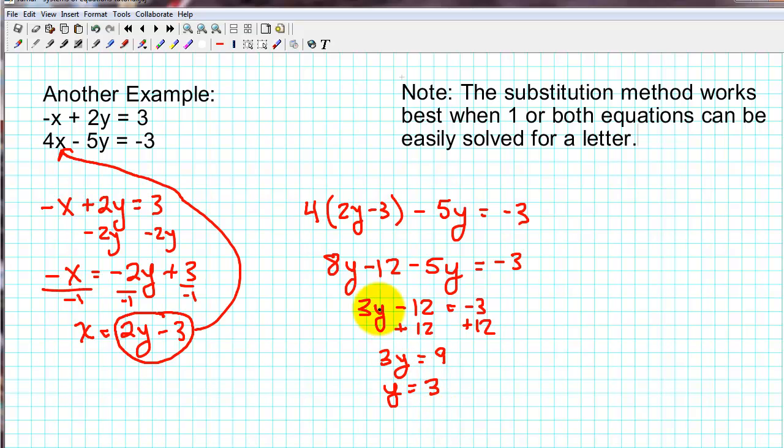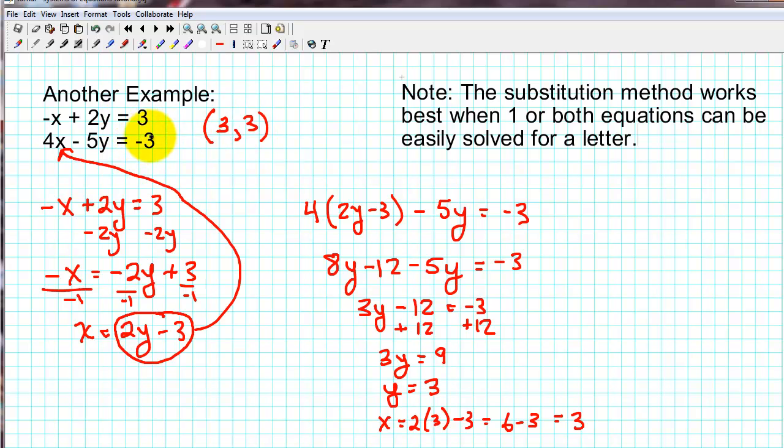Now we could plug that back into one of these original equations, but we can also plug it into this equation. So x is going to be 2 times y, which is 3, minus 3, which is 6 minus 3, or 3. So our solution that makes both of these equations true would be 3, 3, x and y that make these true.